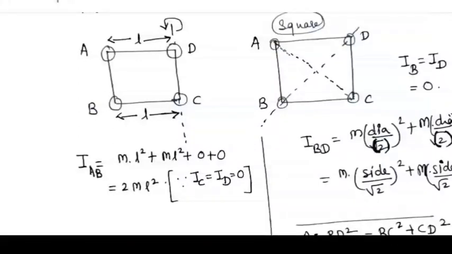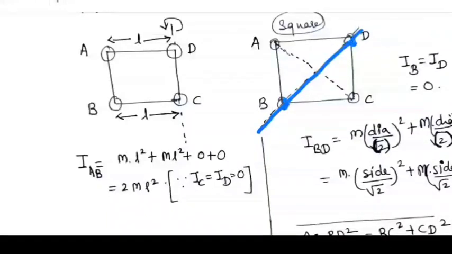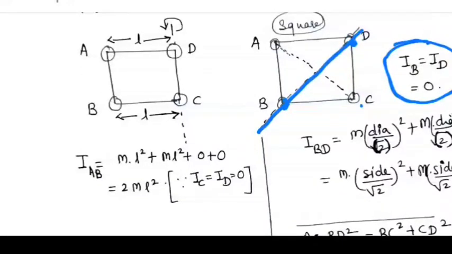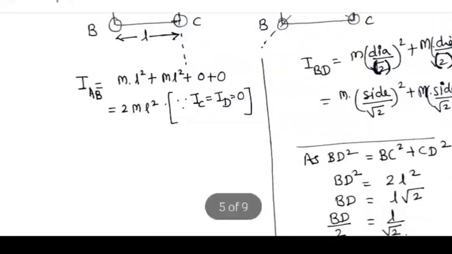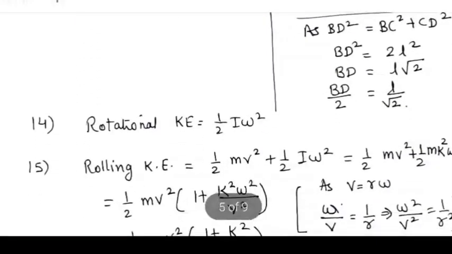In the second case, when the axis of rotation passes through one of the diagonals, the moment of inertia of B and D will be 0, but the moment of inertia of A and C will give us the formula and answer.